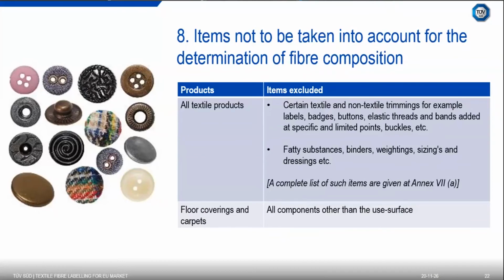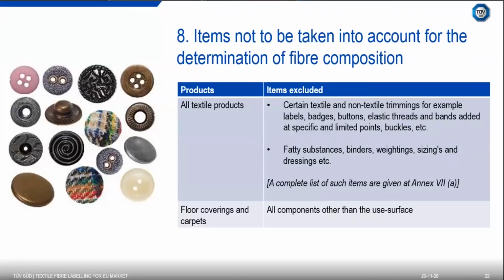And there is a long list of such components in Annex 7, point number A. You can find it inside the regulation. There are multiple such lists of components that are completely excluded.